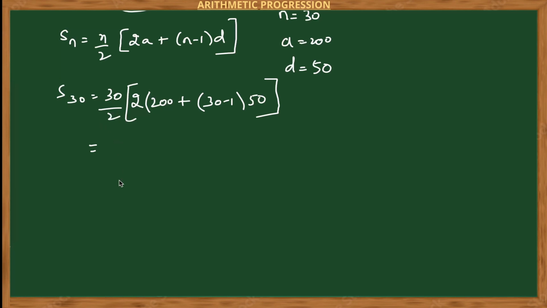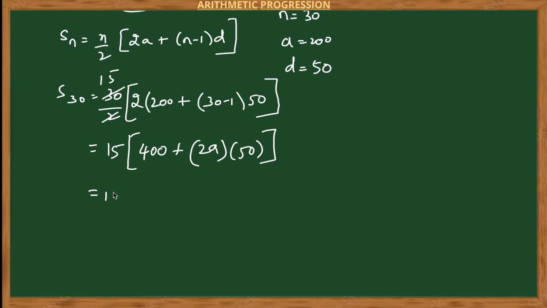Okay, so here it goes 15, so let's put it as 15. Let's simplify further inside. 400 plus 30 minus 1, 29 into 50. Okay, so 15, you have 400 plus, okay, 5 stable.